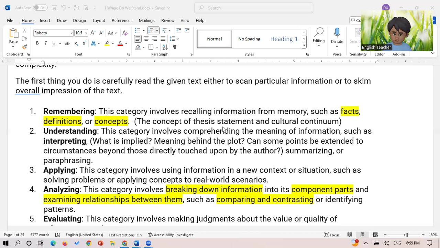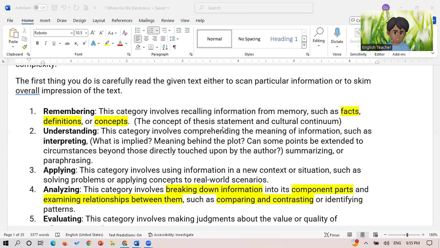But when you skim a given text, you are not looking for particular specific information somewhere in the text. Rather, you are trying to get the overall impression of the text. So there are 2 ways of reading: scanning a text, looking for specific information, and skimming a text, getting the overall impression of the text.